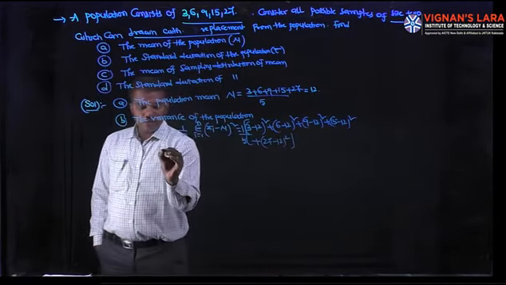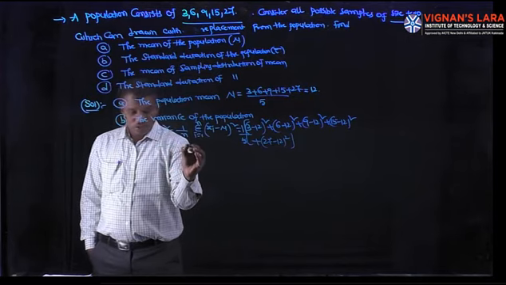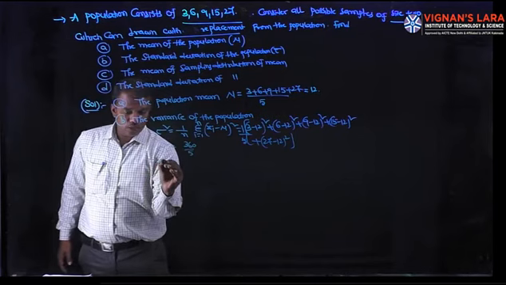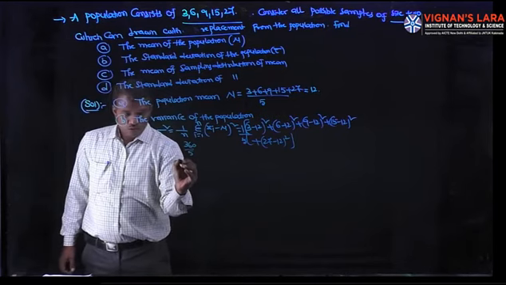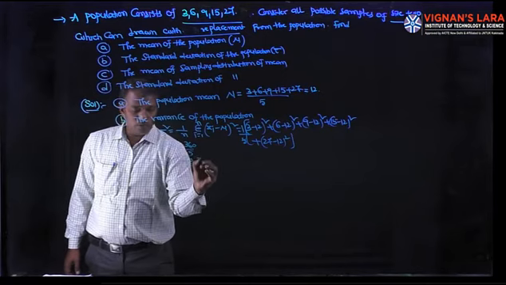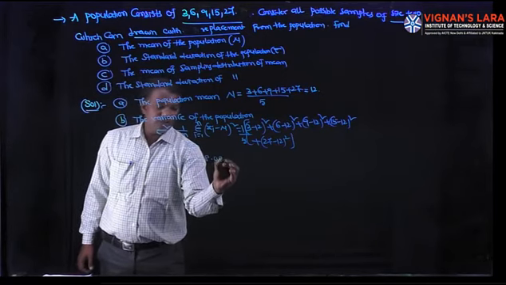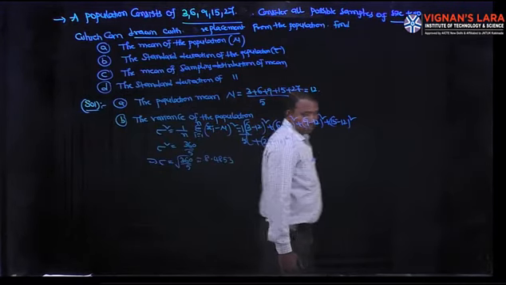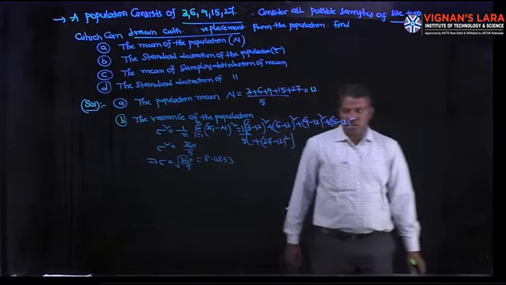So sigma square is equal to 360 by 5. Then sigma is equal to root over 360 by 5, that is equal to 8.4853. Mean of the population is a direct one, addition of all the elements by its total number.